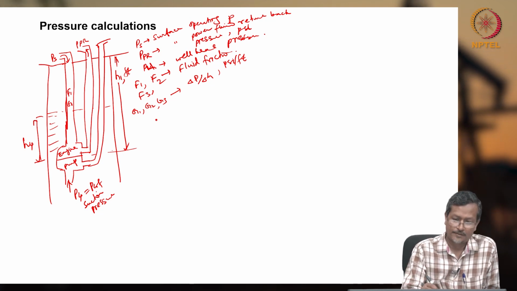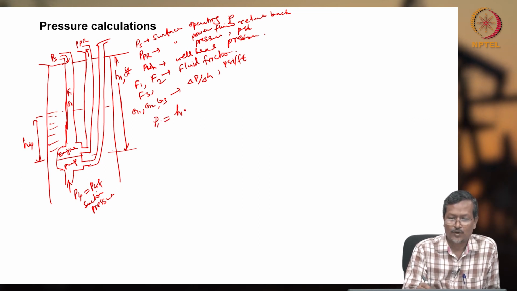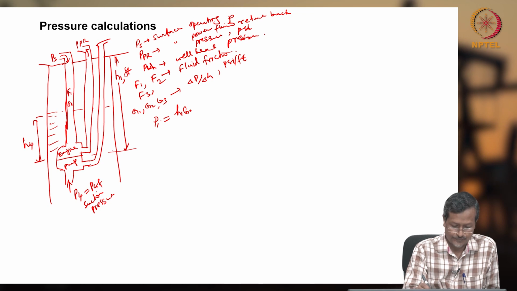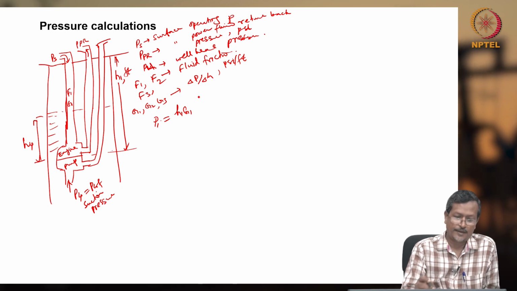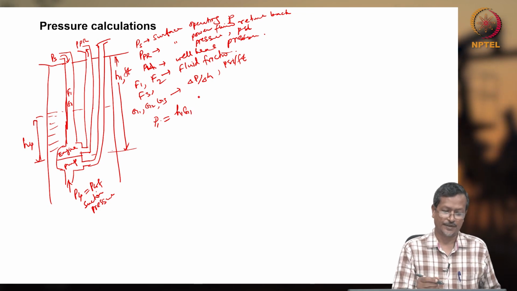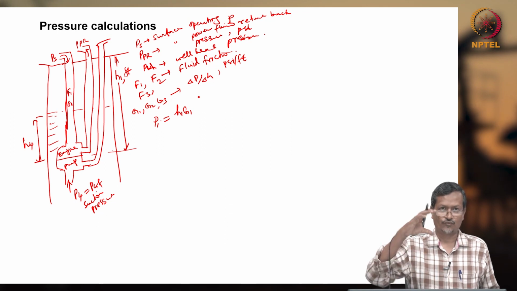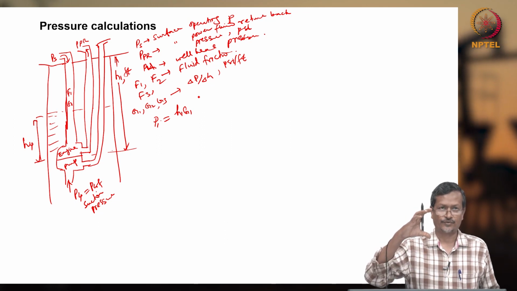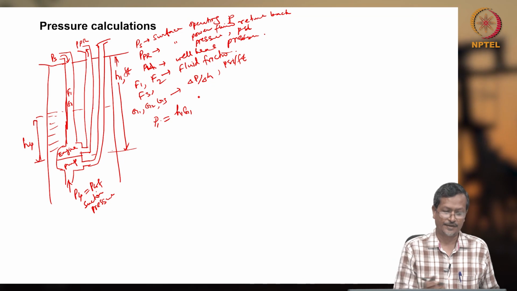Now write down the formula. P1 equals H1 G1. You see, this H1 means total fluid column length, H1 feet, into G, gradient.